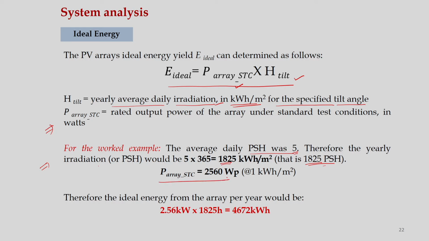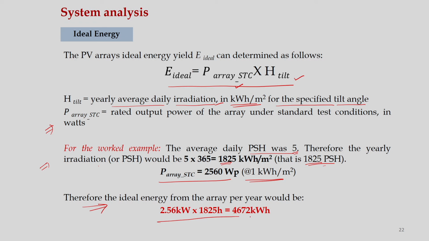So, P array will be 2560 watt peak at 1 kilowatt per meter square. We can now calculate the ideal energy from the array per year.